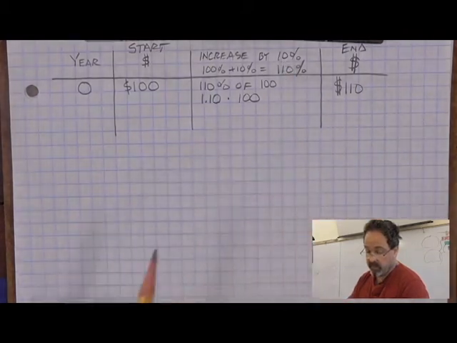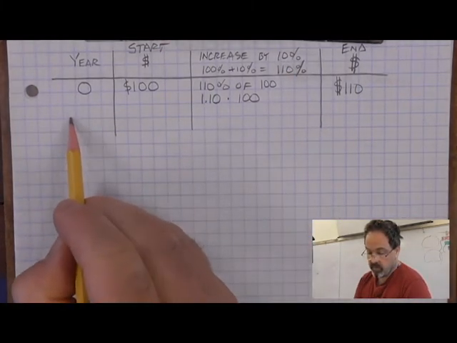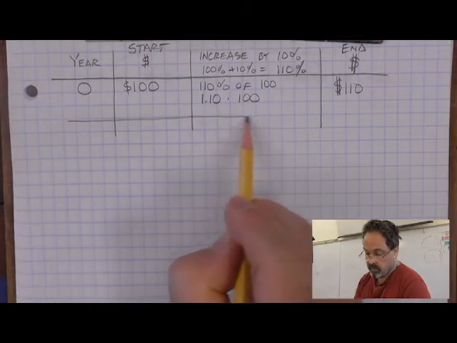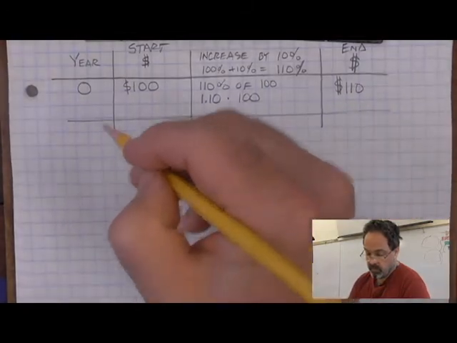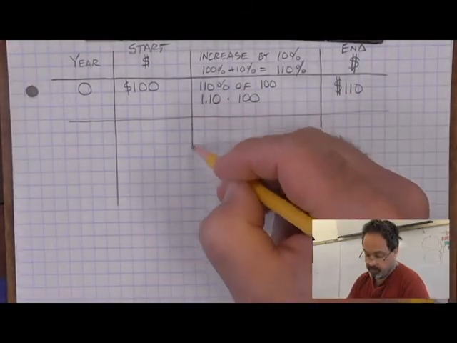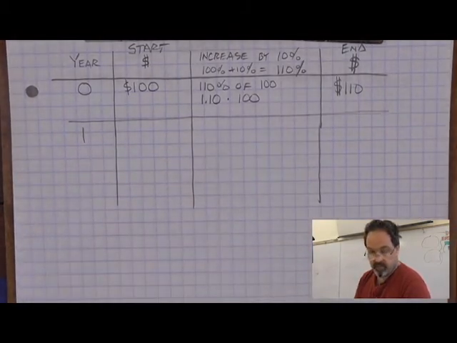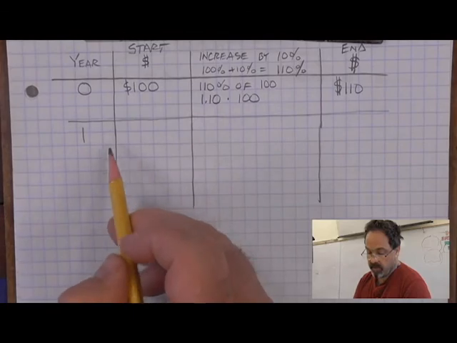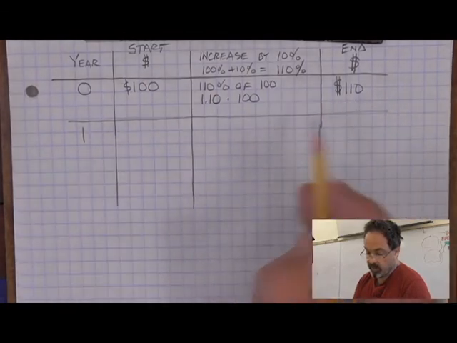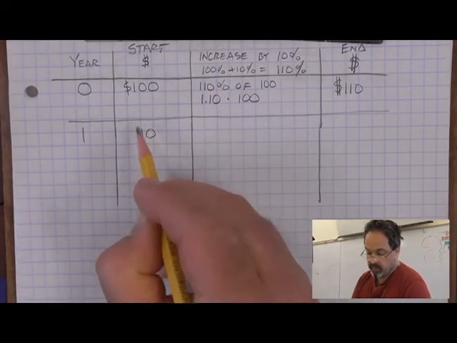But what happens if we keep our money in the bank? We're going to apply this rule again. We have a new row. We're going to imagine 1 year has passed. The starting amount of money after that year has passed is what we ended with, $110.